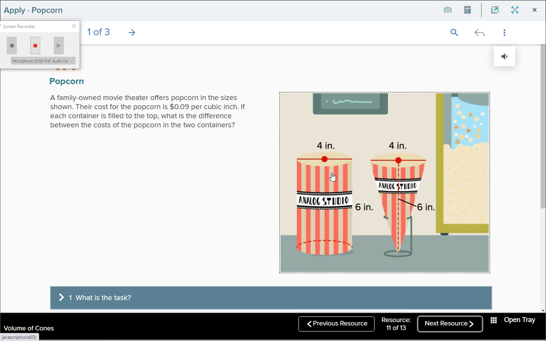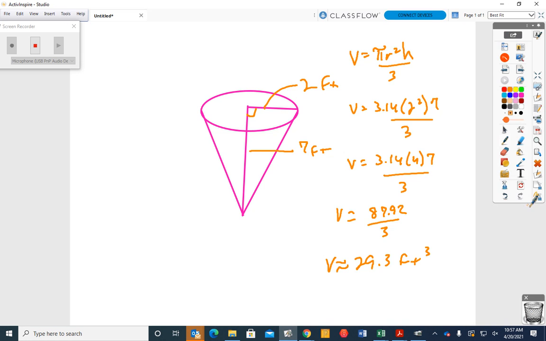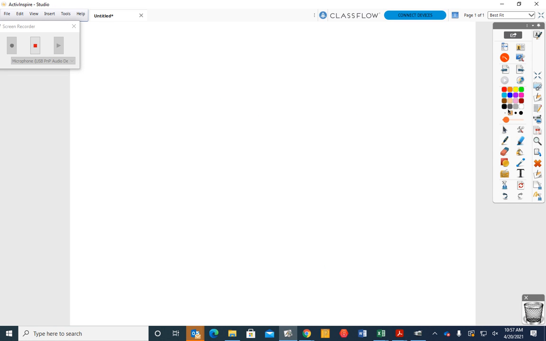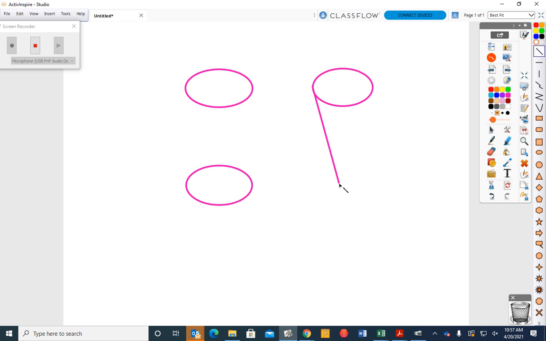So let's go to our work screen over here. Let's get rid of this. Wait, can you go back? And we have a 4-inch diameter. And then we have a cone over here. We're going to look at both of these shapes. Did anybody write down what those were?